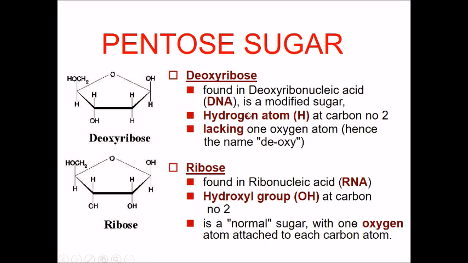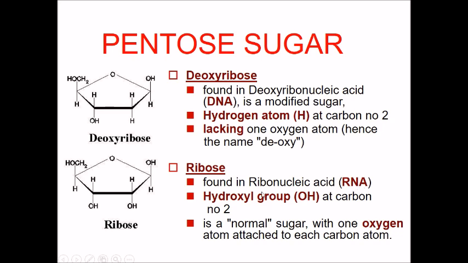So as I mentioned earlier, it only has a hydrogen atom at carbon number 2 and lacks one oxygen atom, which differs from ribose. Ribose is the sugar that can be found in the structure of RNA.